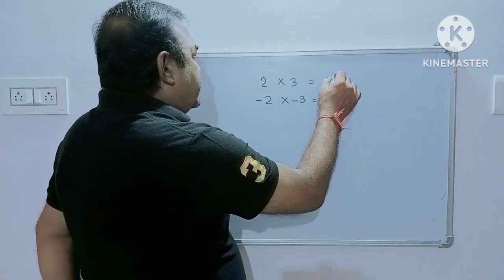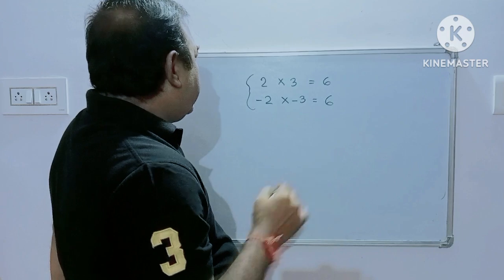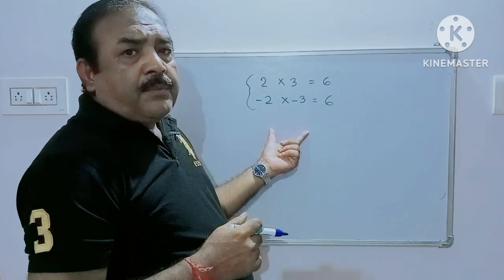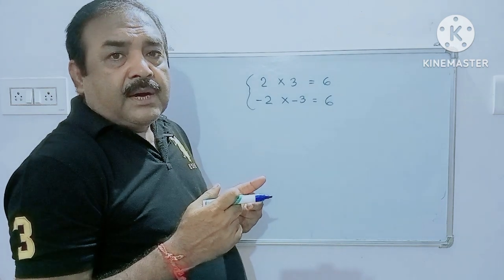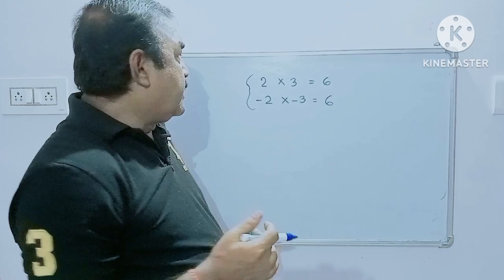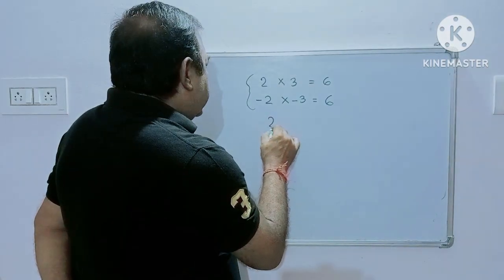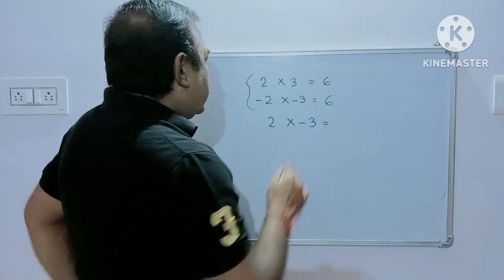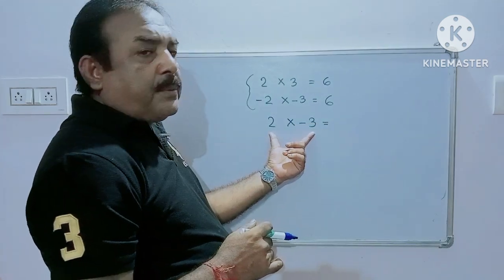This is most important, you will have to remember. Then if the integers of opposite signs are multiplied, the product will be a negative one. Suppose 2 is a positive integer, into minus 3. The integers have opposite signs.